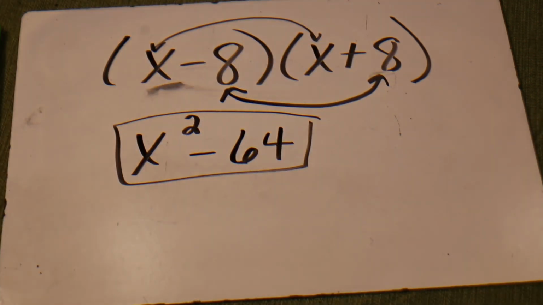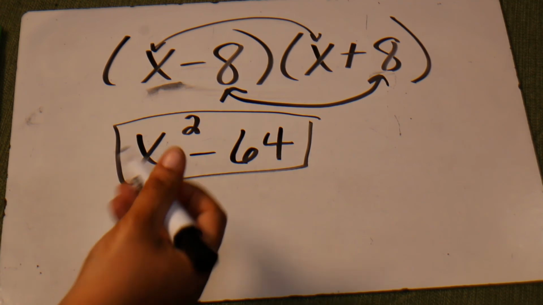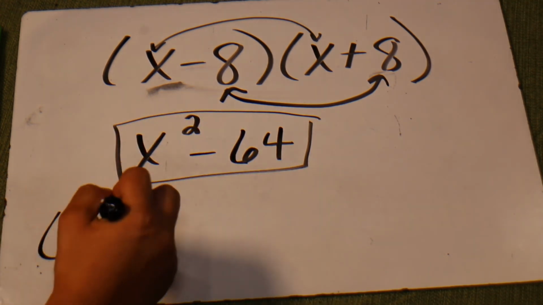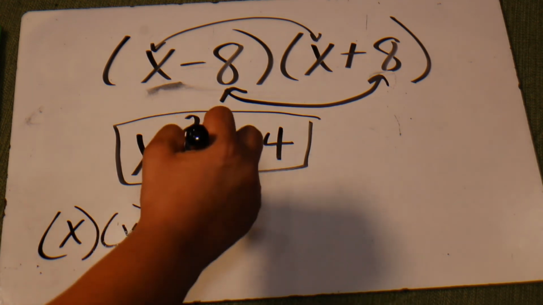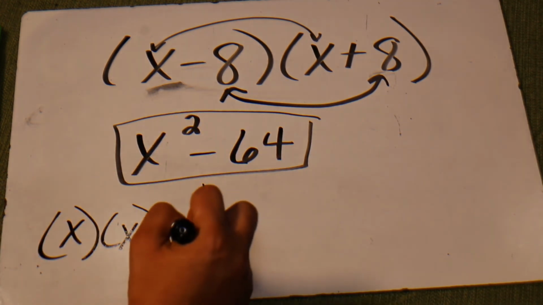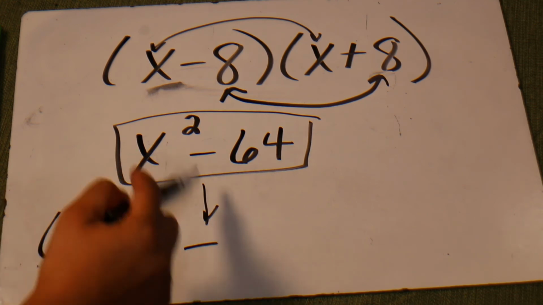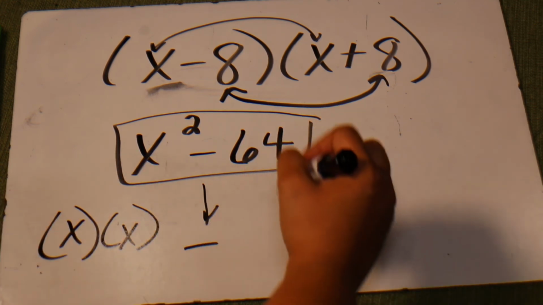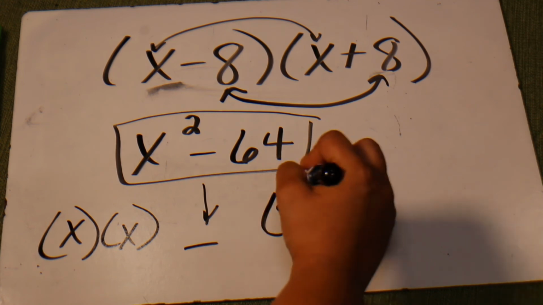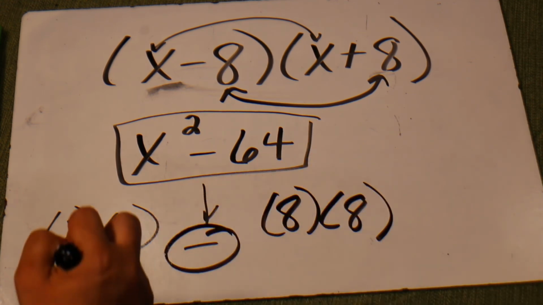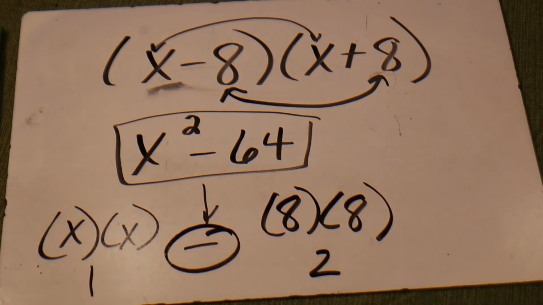Now, let me explain why they name it the difference of two squares. This is x squared, so this is x times x. And the difference, of course, in word form, a subtraction sign is described as the difference. And 64 is 8 times 8. So this is the difference of two squares. Okay? So that's where that term comes from.